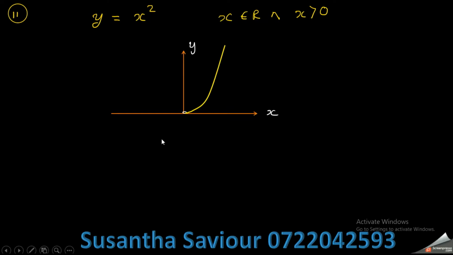Therefore my range will be y is greater than or equal to 3. See, all the y values are along this, right? It doesn't go to this side at all. And this particular value is also not taken. So all the y values are more than 0, not equal to 0. So our range will be y is greater than 0. Is it clear?